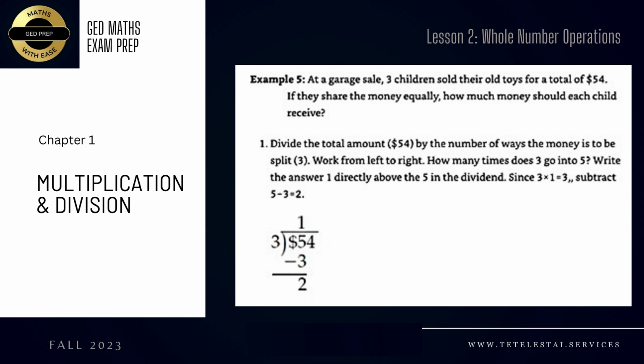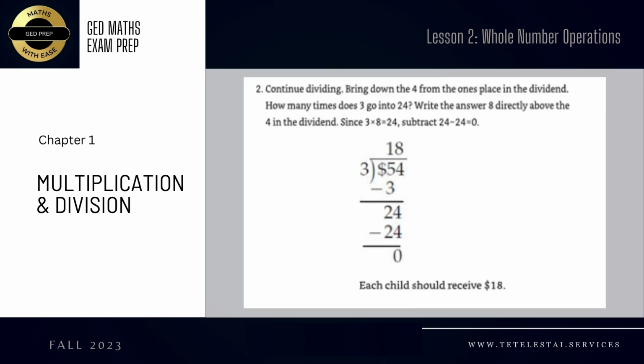And so you subtract and you have 2, but don't forget, we still have 4 to work with. So you want to bring down the 4. And then the next question you should ask yourself is, how many times does 3 go into 24? The answer is 8. And you can check yourself because 8 times 3 is 24.